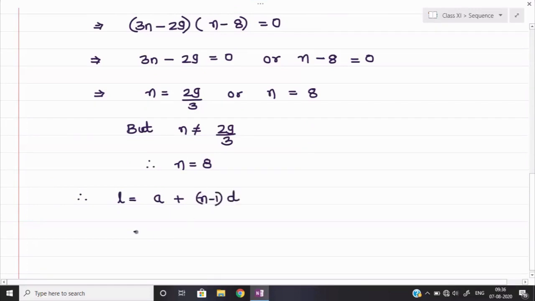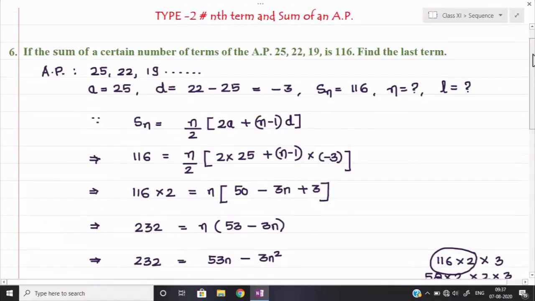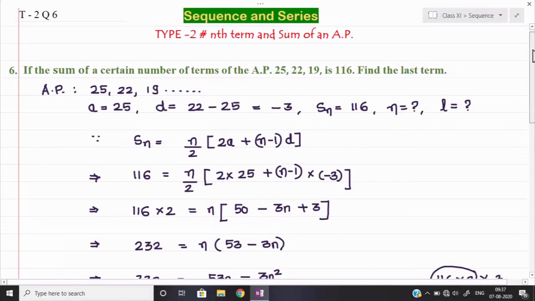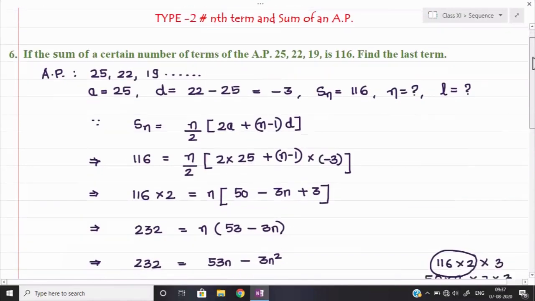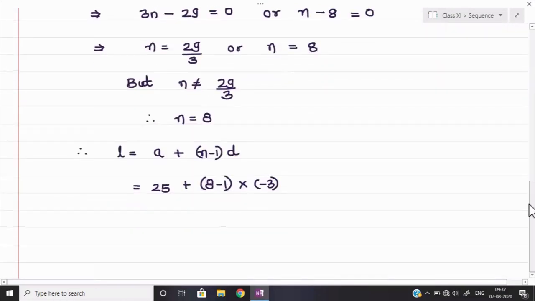The value of a, I think it was 25, and n we got recently, that is 8 minus 1, and I think the value of d is minus 3. So once we shall check it, because we shall proceed further. At least we got the correct information. Yes, you can see a is equal to 25 and d is equal to minus 3. That only I have kept here.